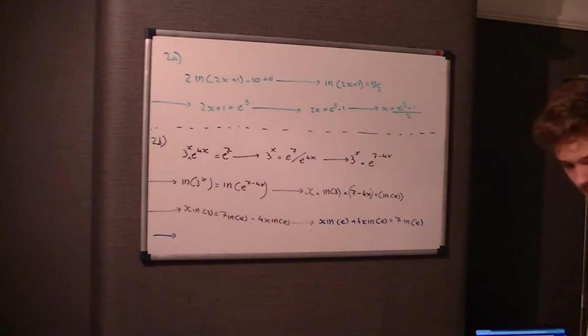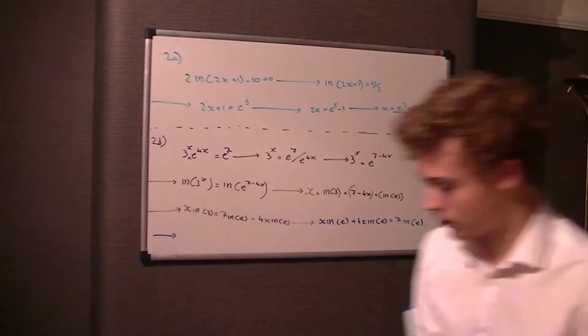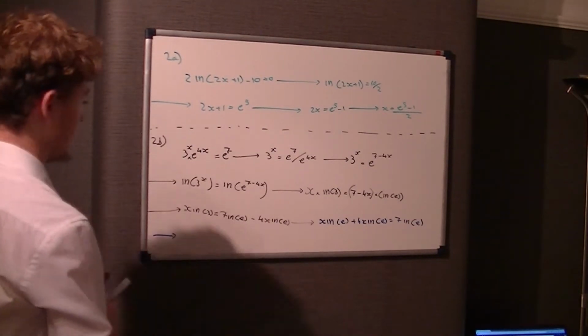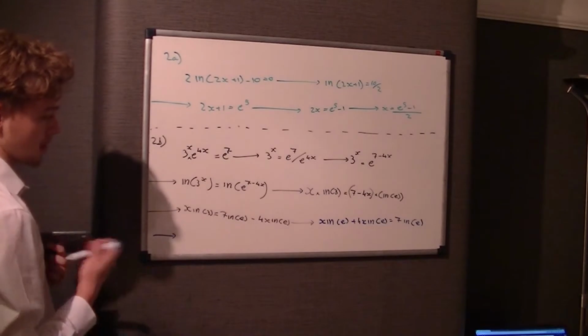Let me just get my calculator, make sure I'm not doing anything crazy here. Ln of e. Yeah, so the ln of e is equal to 1, but we don't write that yet, so we can take out x as a common factor here.